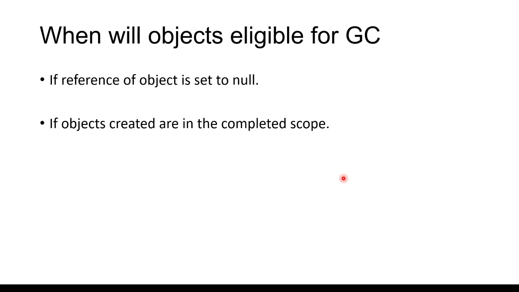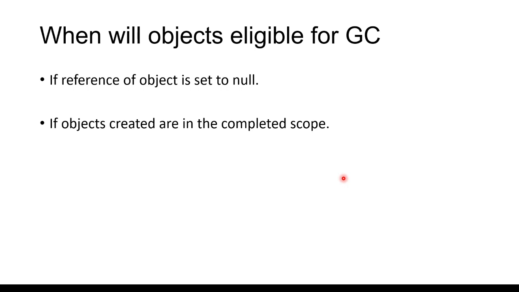These useless objects are eligible for GC. Now, how can we decide whether an object is useful or useless? Based on the code which we write, it will make the objects eligible for GC or not.